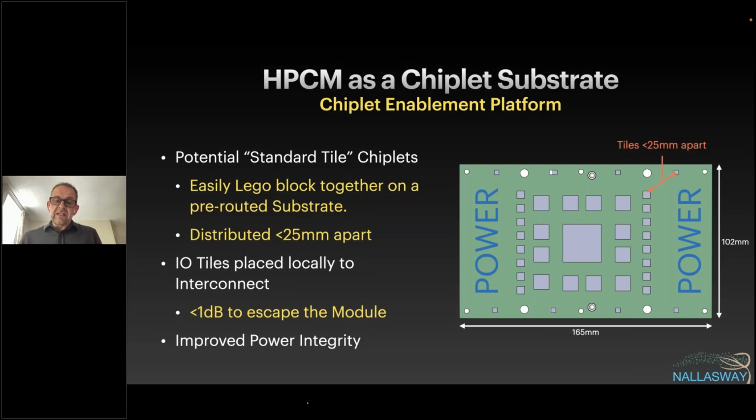But in short, if you look at these little chiplets that we have, they're very close to the interconnect that they're communicating with. The interconnect could be an active cable, or a bunch of wires interfacing across there at 0.5 picojoule per bit, because it may be less than 25 millimeters.